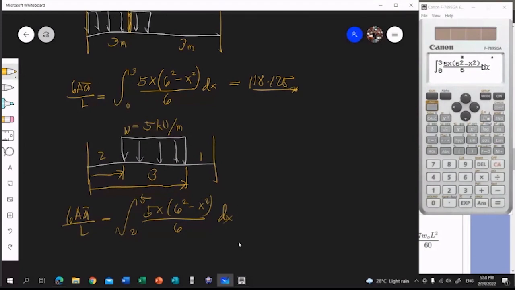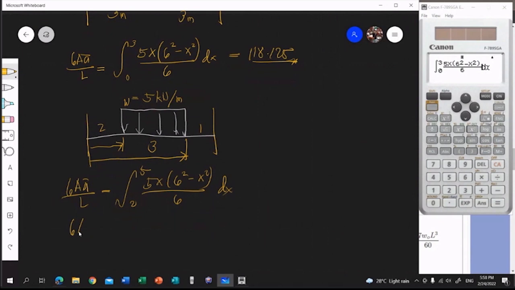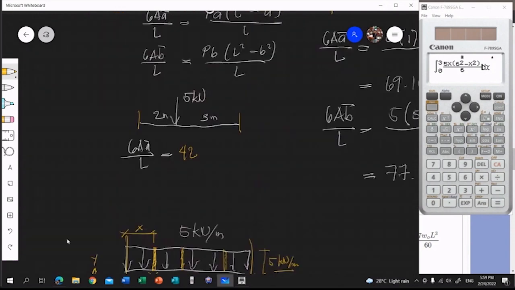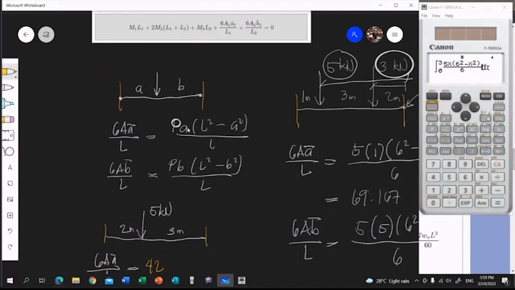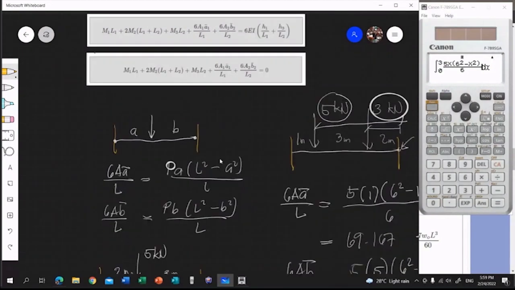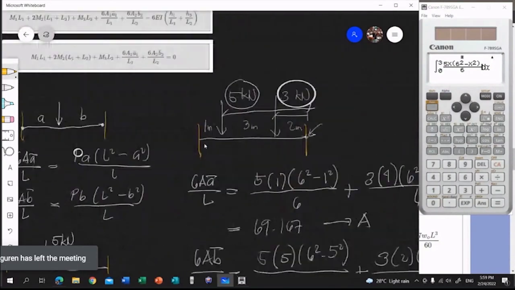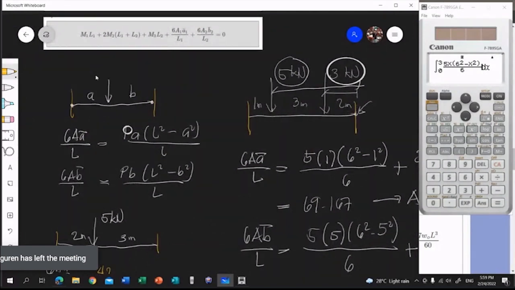How about 6 AB bar over L? Same limit. Basically everything is the same, but instead of a, going back to the function, it becomes b. Your a is measured from the origin, your b is measured from the other end.